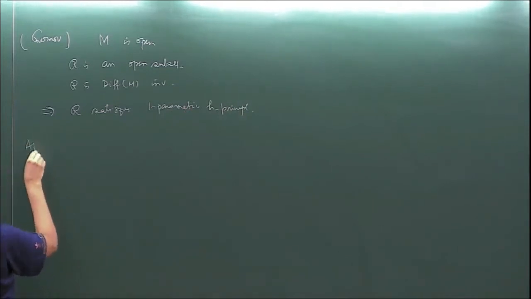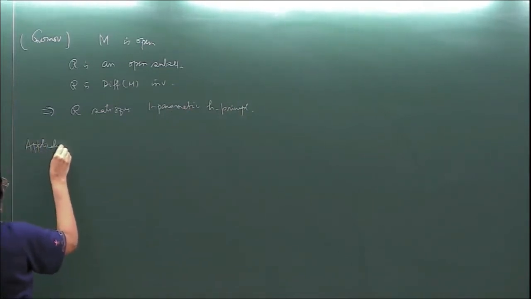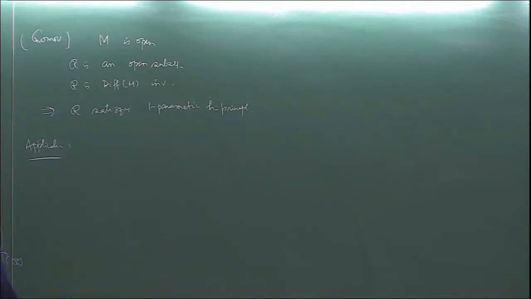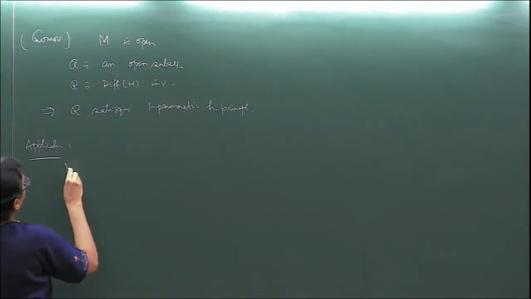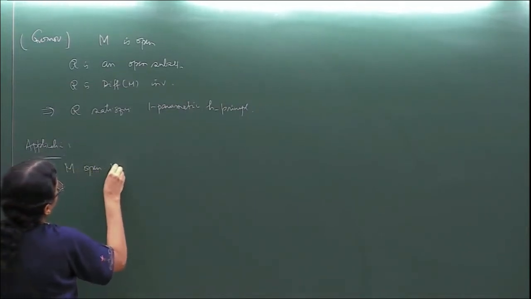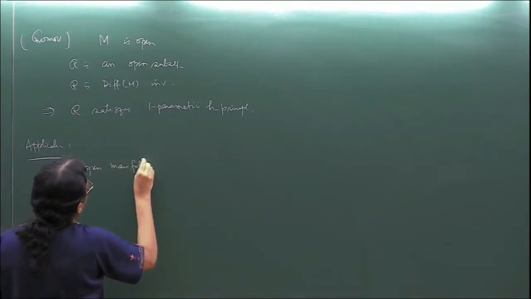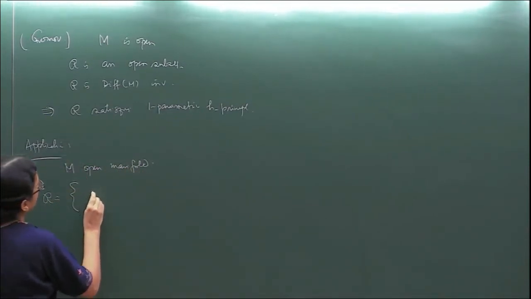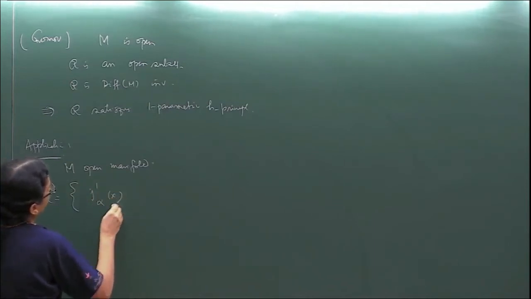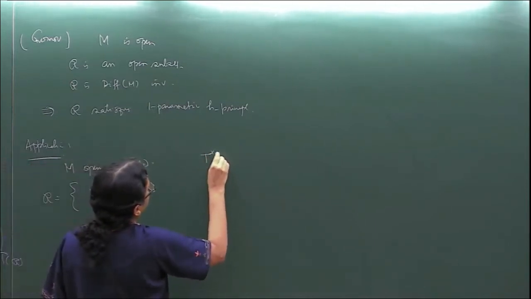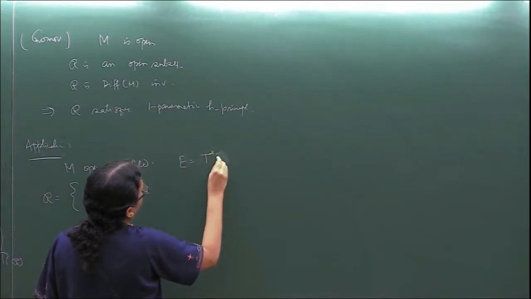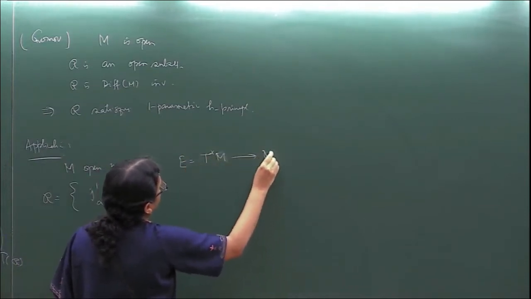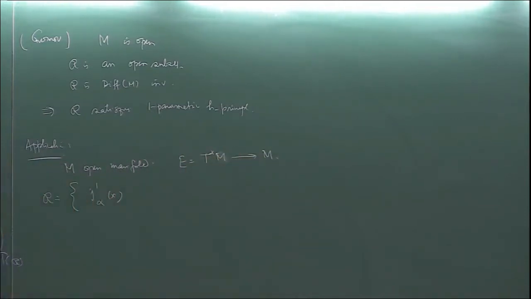And then as an application, we saw the following. Suppose you have some open manifold and you consider the differential relation as follows, that one jet of, so this is our fibration. This is the fibration that I will be considering.